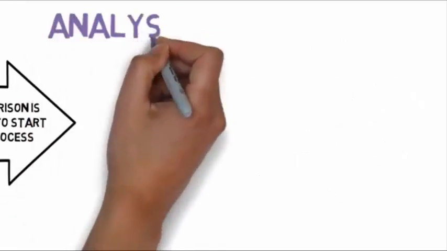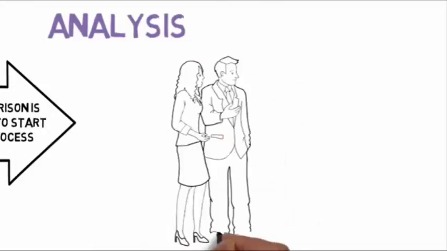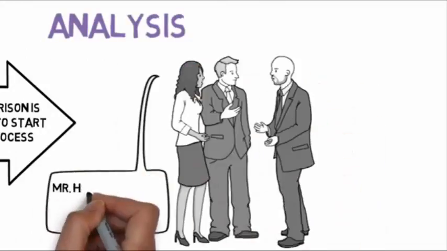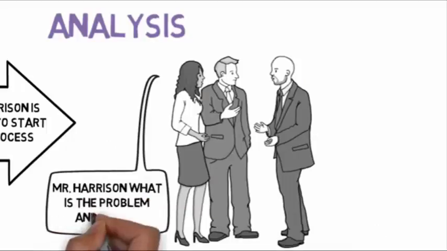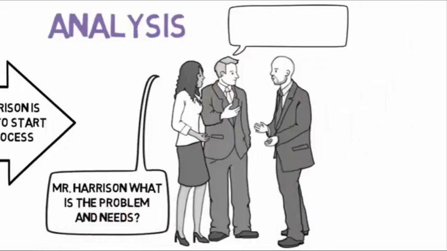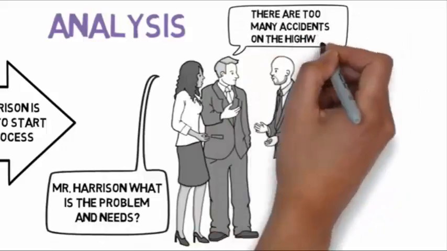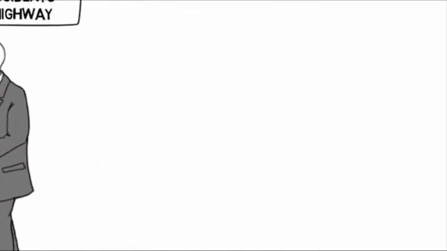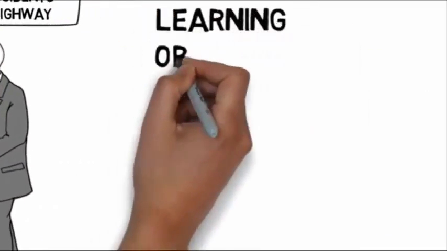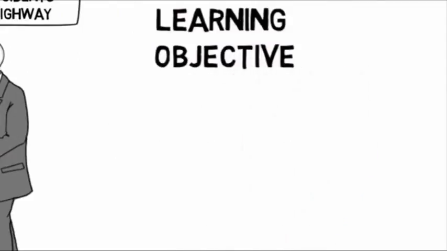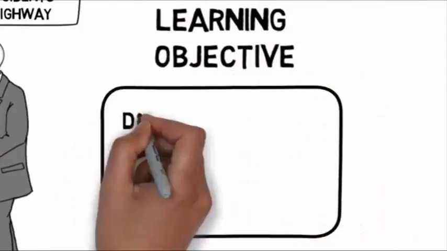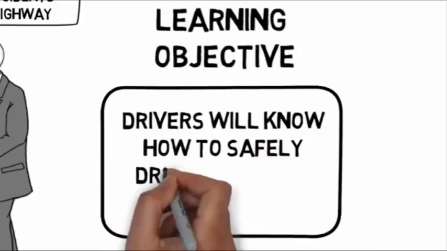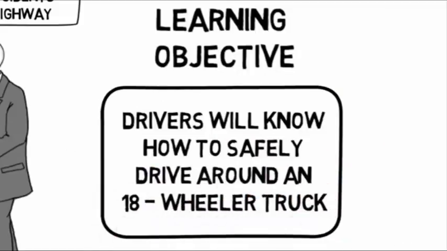In the analysis phase, Mr. Harrison answers a series of questions that identify the current problem, specific needs, objectives, and goals for the training module. Mr. Harrison and the instructional design team identify the following objective for the training module. By the end of this course, drivers will know how to safely drive around an 18-wheeler truck.